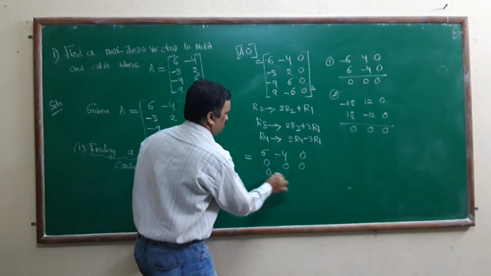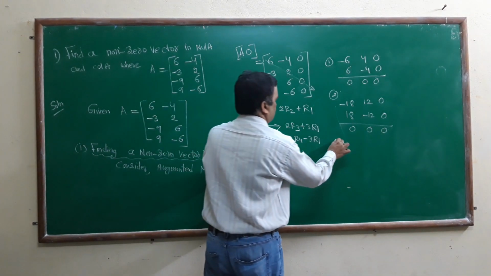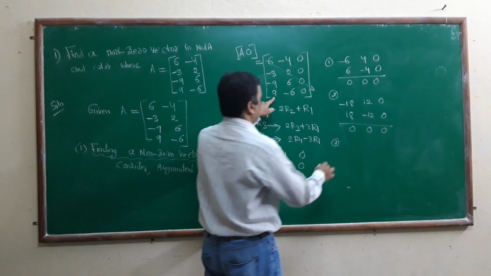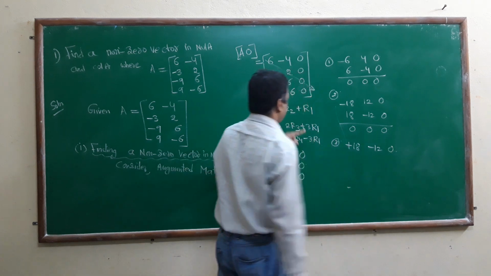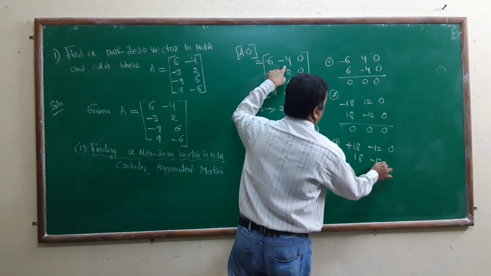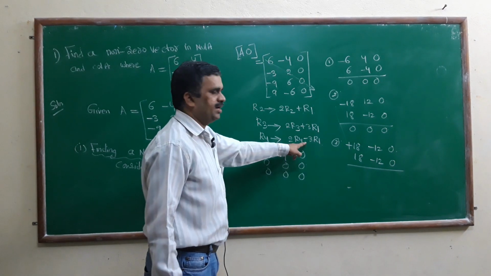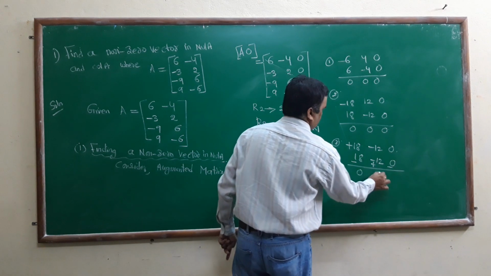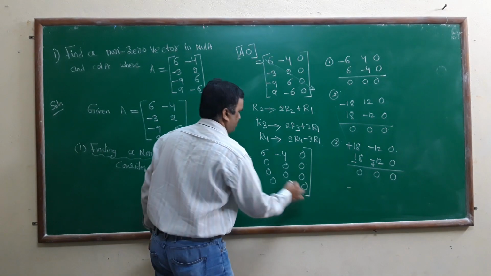Then R4 becomes 2R4, multiplying the fourth row by 2 to get 18, -12, 0, and subtracting 3 times the first row 18, -12, 0, we again get 0, 0, 0.